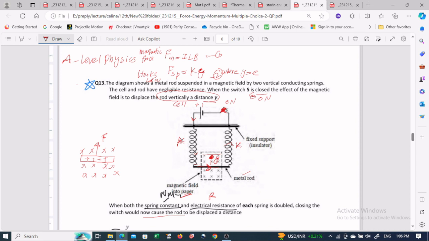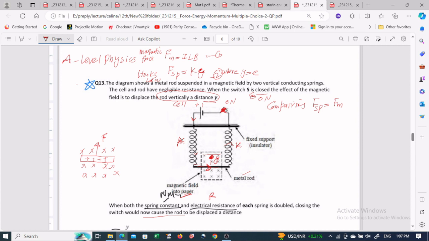So the spring force, F equal to ky, and the magnetic force are equal in magnitude, because when the rod moves upward, a similar extension is produced in the spring. So we can compare these two forces to find the final distance. Comparing these two forces, F spring equals F magnetic.